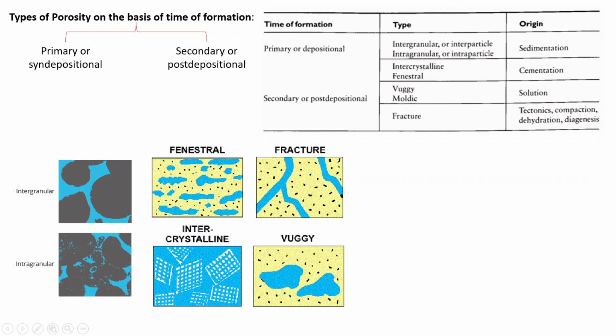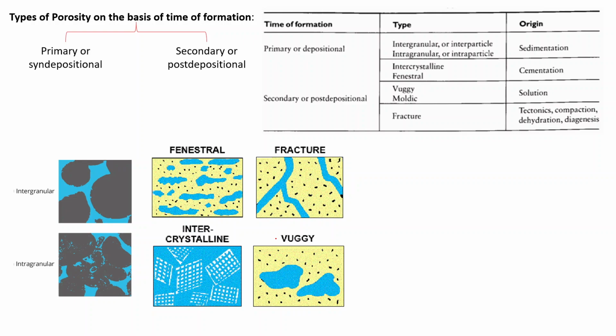Okay, so we saw that on the basis of their structure and their interconnectivity, the pores are of three types, which were the catenary, cul-de-sac, and closed pores. While on the basis of the time of formation, the types of porosity are of two types: the primary or syn depositional, and secondary or post depositional.